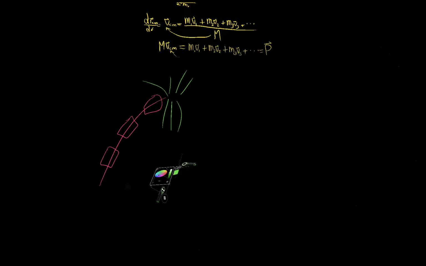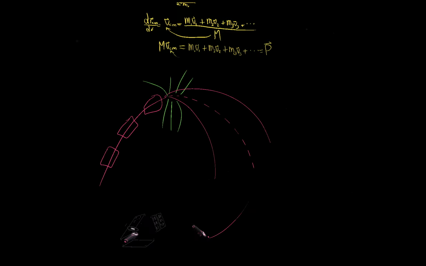So it breaks up, and now the firework, let's just simplify it and say it's in two different pieces. That would be the trajectory it would continue on if it didn't explode. But instead, it breaks up into this and this. Two pieces that follow these trajectories.